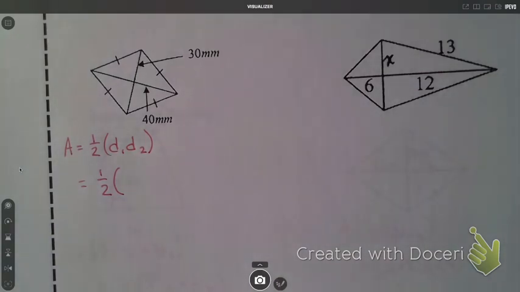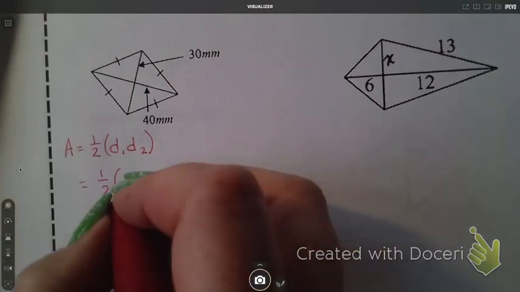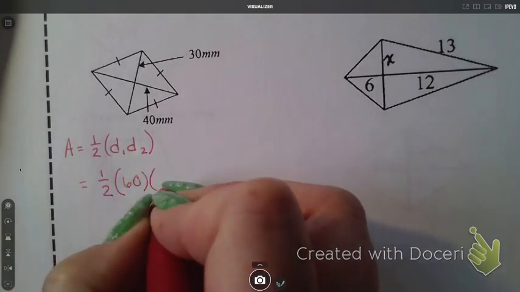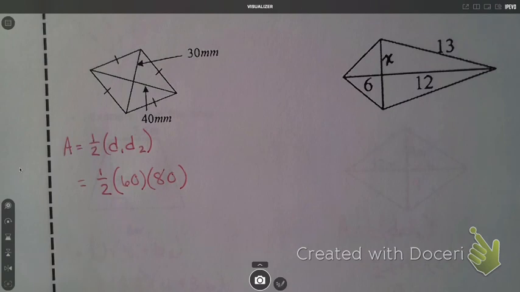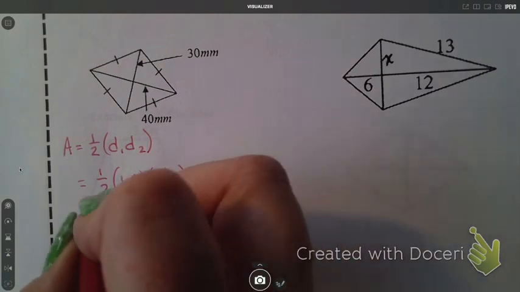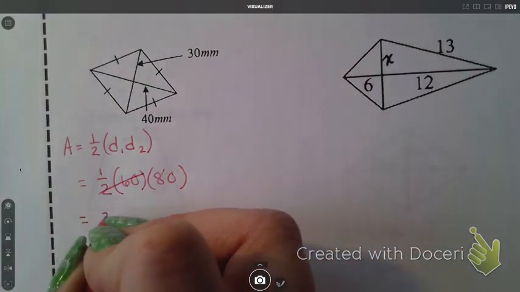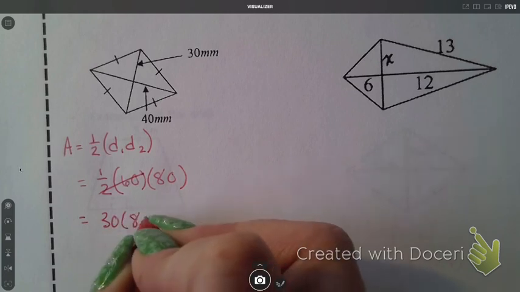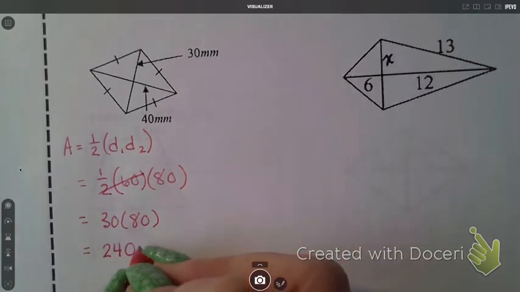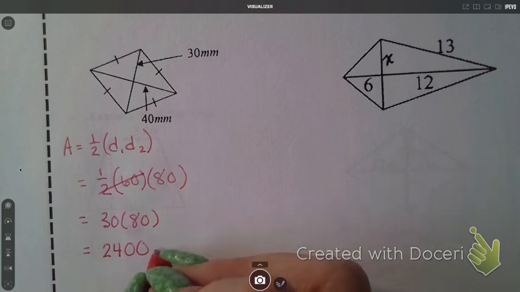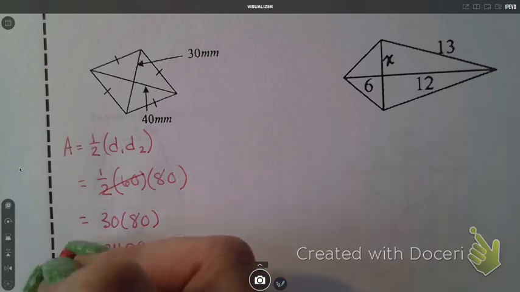I didn't add them up. So it's 60 and 80. I'm going to take half of 60. Half of 60 is 30. So 3 times 8 is 24, and add 2 zeros. So 2,400 millimeters squared.